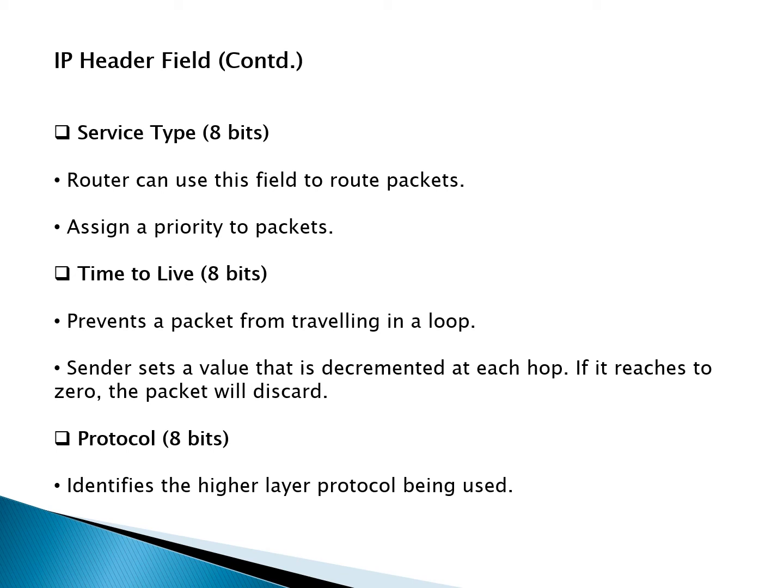When the packet moves from one node to another, the time to live field decrements its value by 1: 24, then 23, then 22, and so on. And when this TTL field reaches 0, the packet is discarded. This is the time to live field, which decides how long this packet can live in a network.